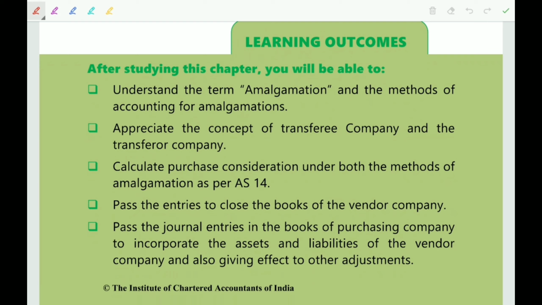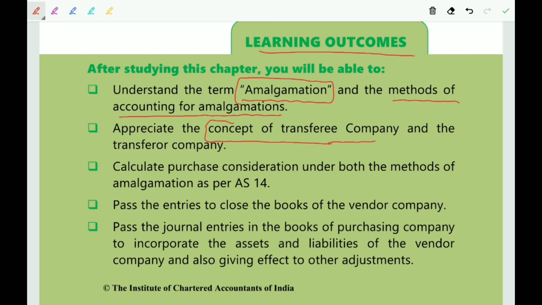Learning outcomes. In this chapter we understand the concept of amalgamation, the methods of accounting for amalgamations, and the concepts of transferee company and transferor company.